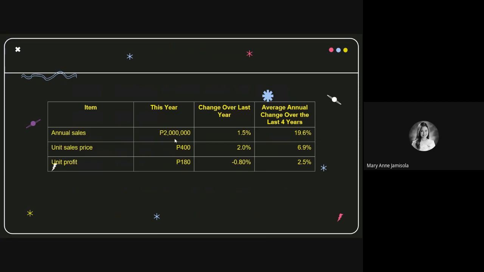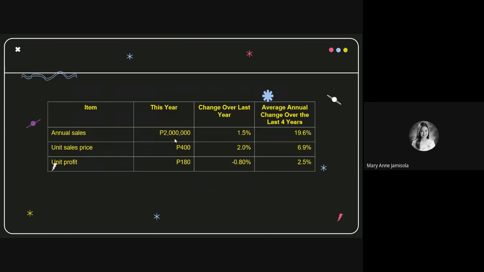Okay, so it seems that sales are already stabilizing since they only grew 1.5% over the past year, and the average annual growth over the past 4 years was 19.6%. The unit sales price has also slowed down, and the unit profit is beginning to decline.